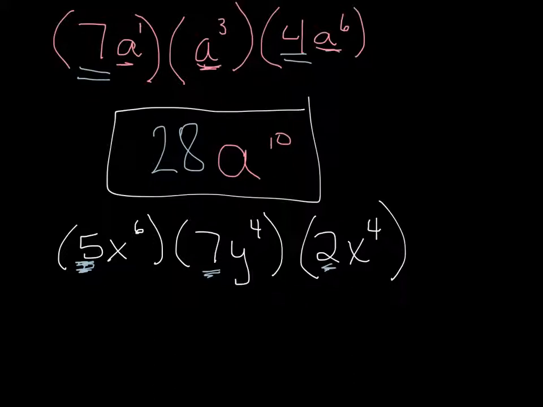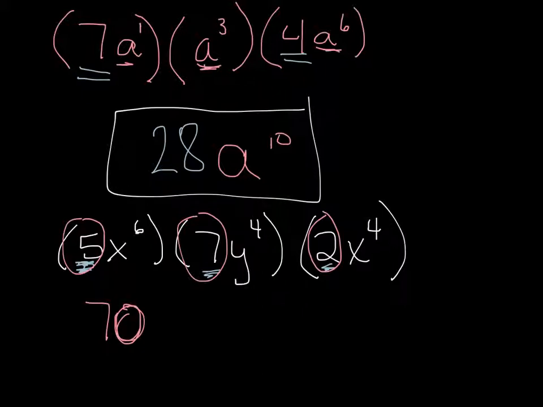Don't do 5 times 7 first. Do 5 times 2 first, because 5 times 2 is 10, and then 10 times 7. See? You can get to 70 quicker that way. So 5 times 2 is 10, times 7 is 70.